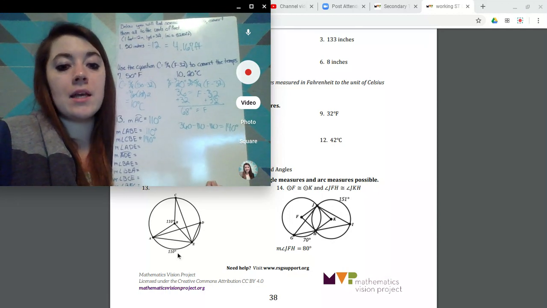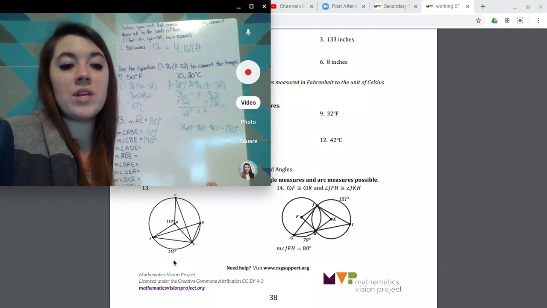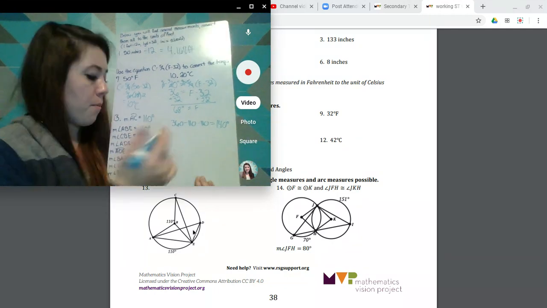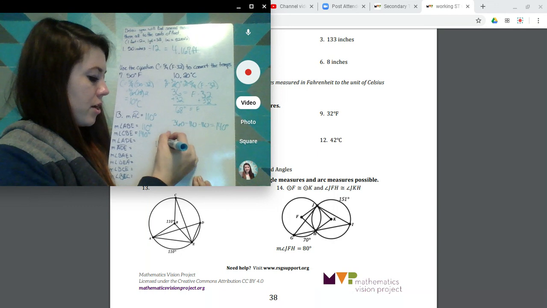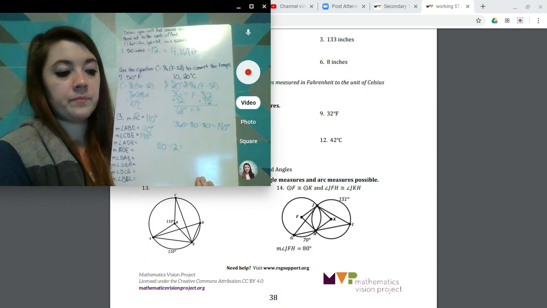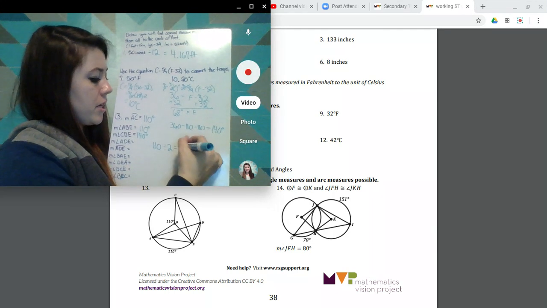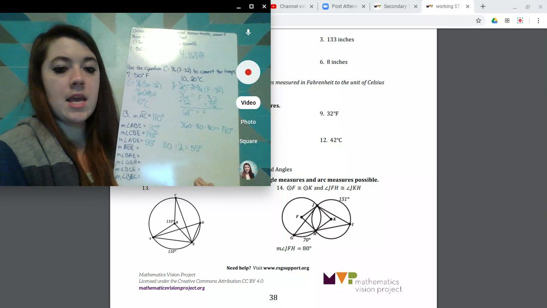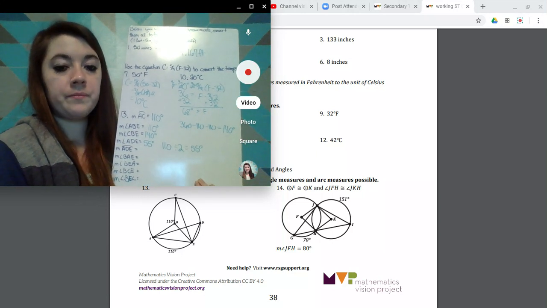So what that means is the relationship is we divide by 2 when we go from the arc to the angle measure. So we're going to take 110 and divide it by 2, and we end up with 55 degrees. So angle ADE is 55 degrees.